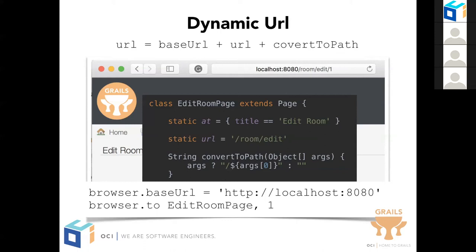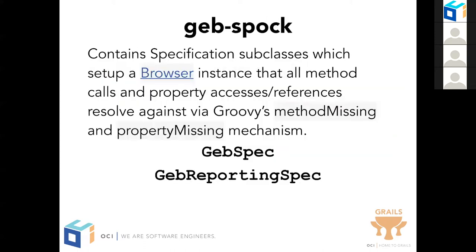Let's move to Geb Spock. I've already mentioned that Geb comes with support for various test frameworks, and I think by far the most popular one used by Geb users is the support for Spock.